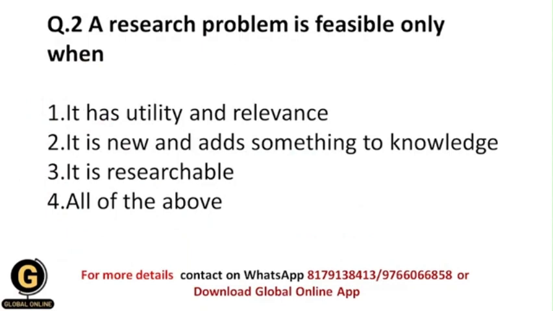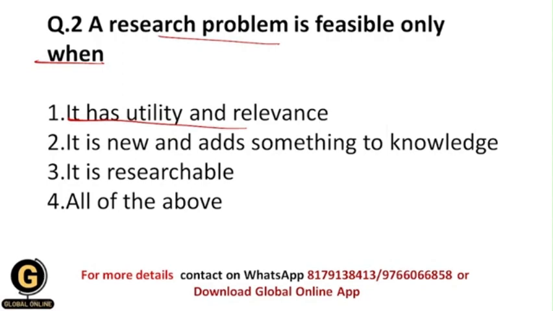A research problem is feasible only when... So what are the conditions after which we think that a research problem is feasible? Let us see the options. It has utility and relevance. It means that the research problem should have utility, that it should be useful for our future generation.